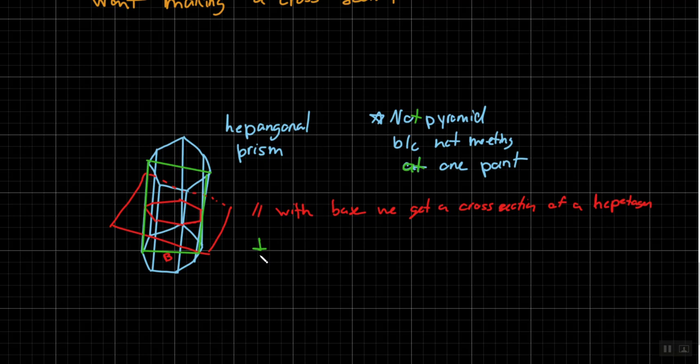If I could pick any other shape, it'd probably be better. Yes, we should get a rectangle. Perpendicular with base cross section, we get a rectangle.